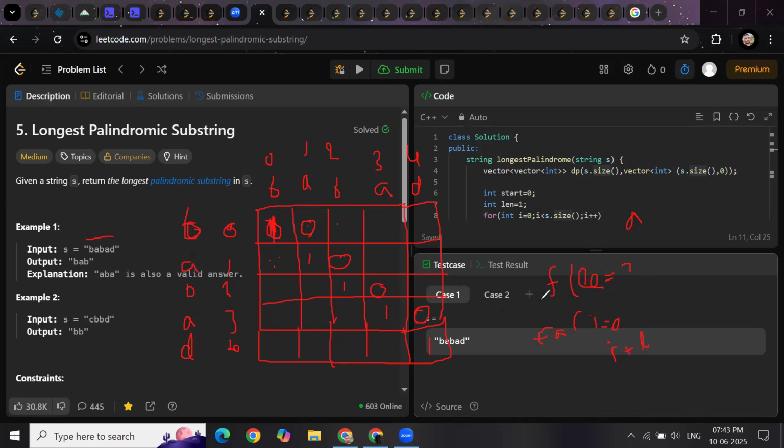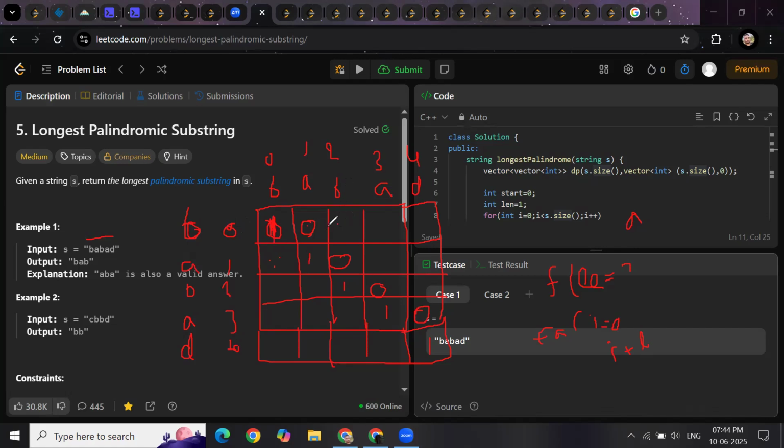Okay, so let's see here. Now for 3 length, if I am starting at 0 and considering a 3 length string, that will be ending at 2. Okay, meaning starting at B and ending at B.